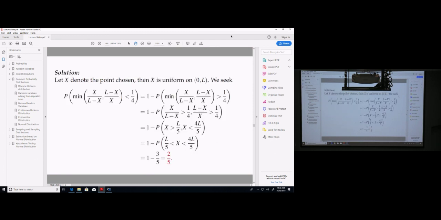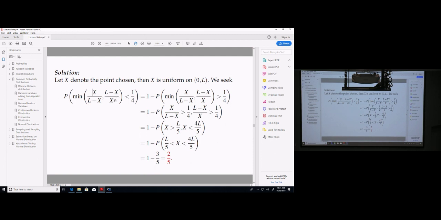So this is the formulation. X is uniform here. So X over L minus X is the left side over the right side. But it may not be the shortest. There is another possibility, that the shorter one is the right-hand one, which is L minus X, over X.